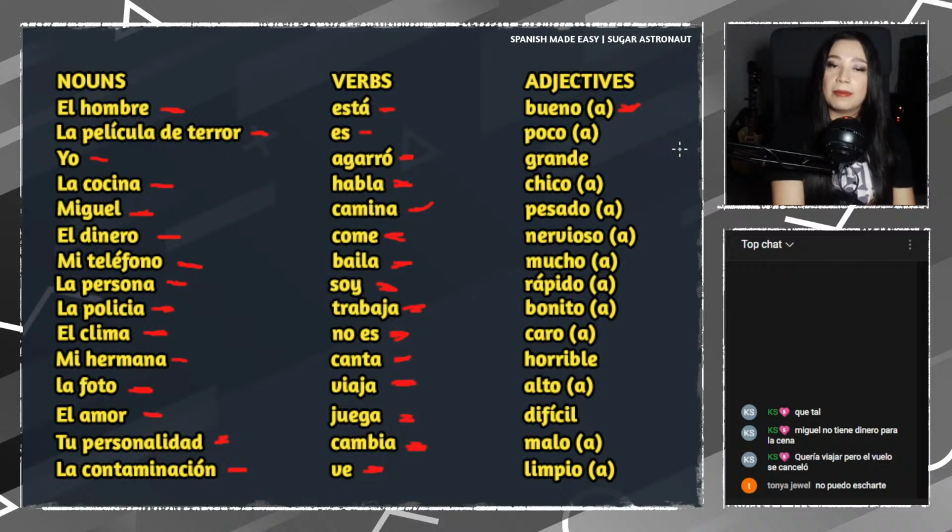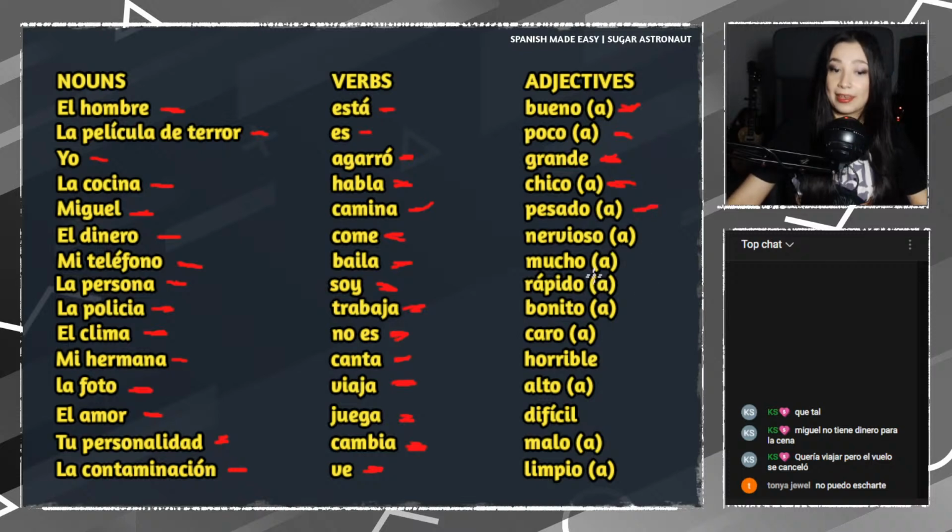If we're talking about a masculine noun, then you have to say bueno. That's why I have the letter A there. Poco means a few, not too much, something little. Grande, big. Chico, small.